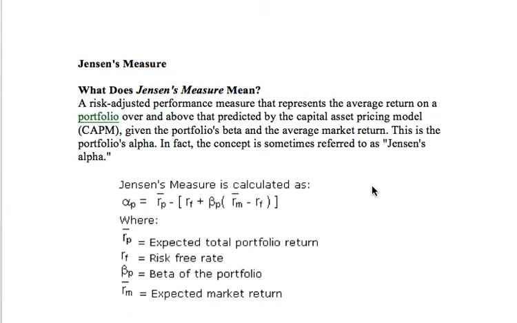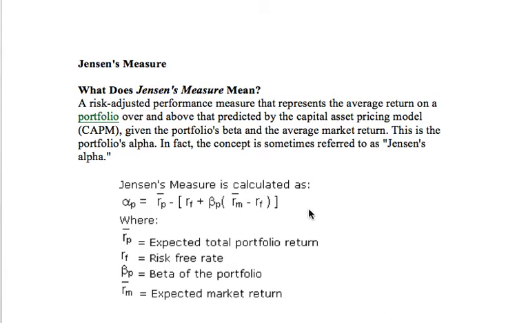So I can focus on nothing but treasuries, zero risk, or I can factor in the market, which has a risk factor of 1, or any other portfolio that could have a risk factor somewhere between 0 and 1, or something greater than 1.